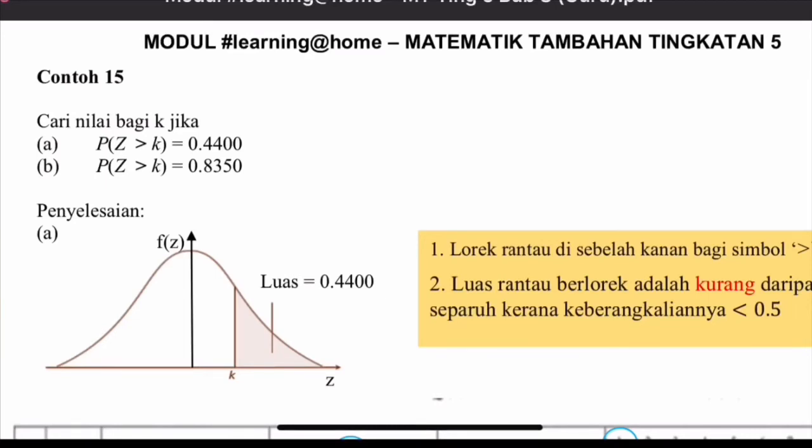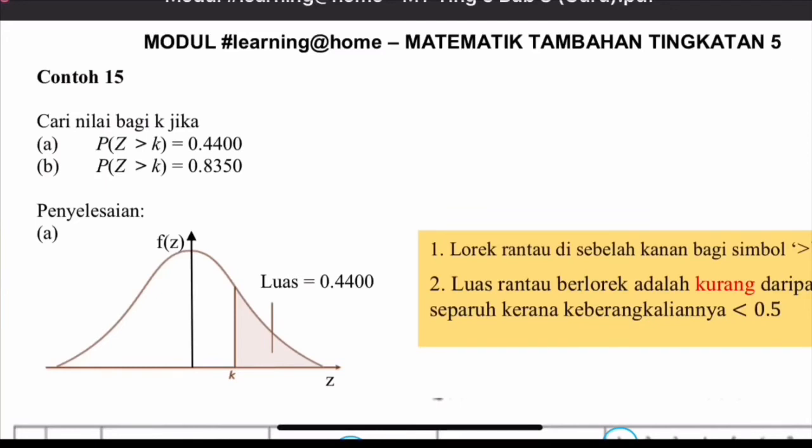Okay, so now we shade first. Make sure it's shading to the right and make sure it's less than half of the bell, because our probability value is just 0.4400. And then we'll use the Buku Sifir.